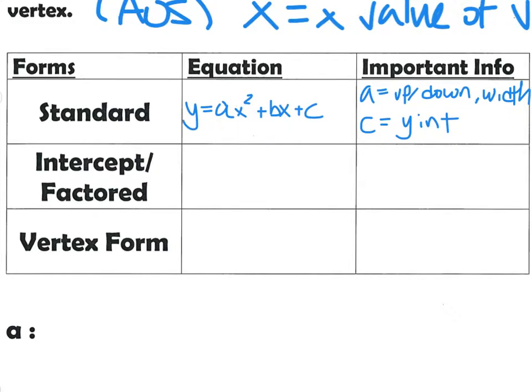There's also something called intercept or factored form. You'll see either. It still has A, and then we do x minus p, x minus q. Don't ask me why it's p and q, I don't know. So A is still the same thing. So A tells me whether I open up or down, and it tells me the width.